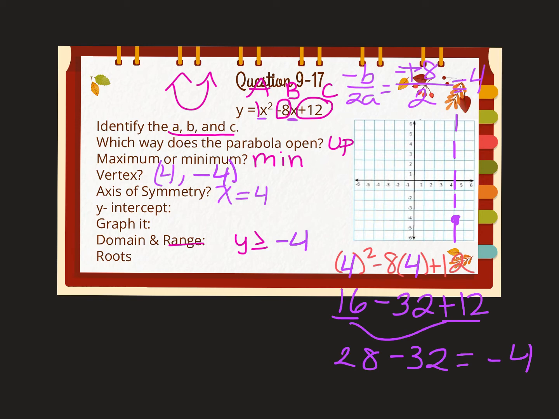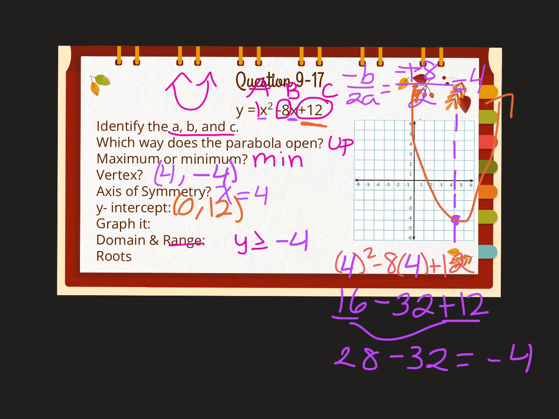Okay, so now I need to find my y-intercept. My y-intercept, we are lucky because it is the c value always. And when we talk about y-intercept, we have to have 0 for x. So it is (0, 12), which is way up here. We'll just say it's up there somewhere. So we know we're going to end up crossing somewhere.